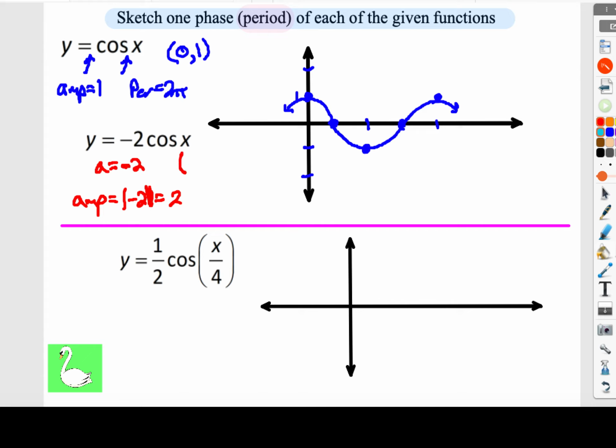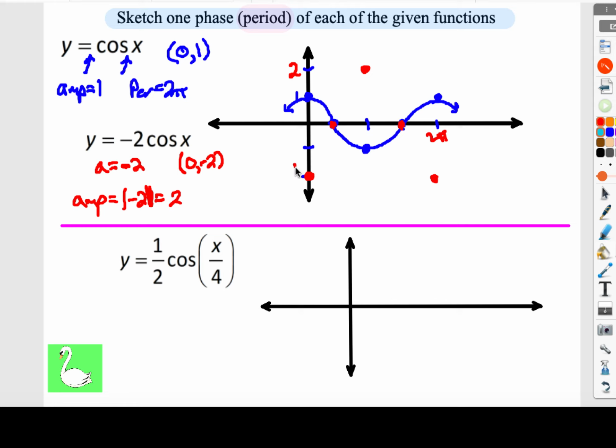So let's start at the point 0, -2. We're going to start at the minimum. Again, 4 tick marks away, or basically at 2 pi, we're going to be at the minimum again. Halfway in between, we would be up at a maximum of +2. And again, halfway in between, we're going to be at equilibrium.